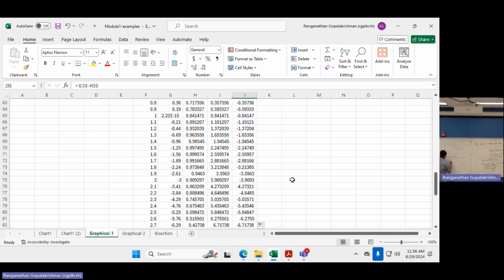So here is A, which is -2, and here is B, which is 0. And we know this is the root. We'll call it x0, to be determined.